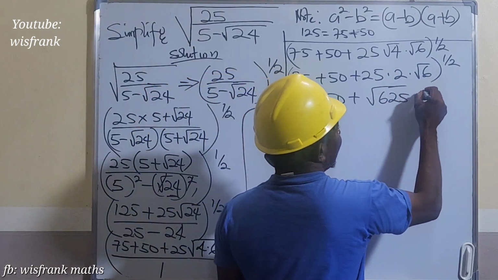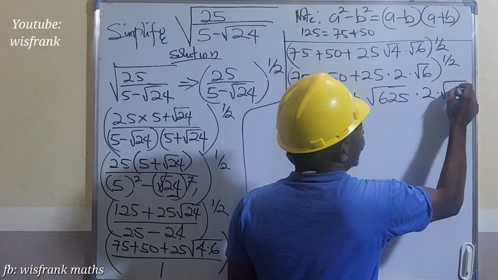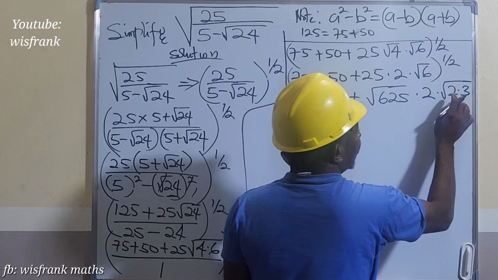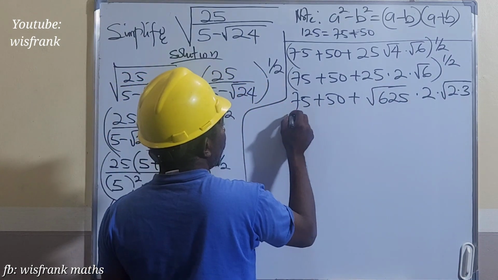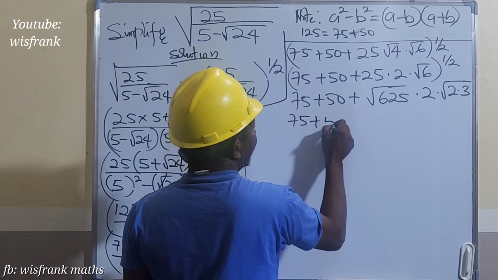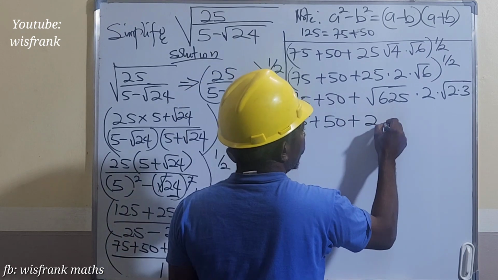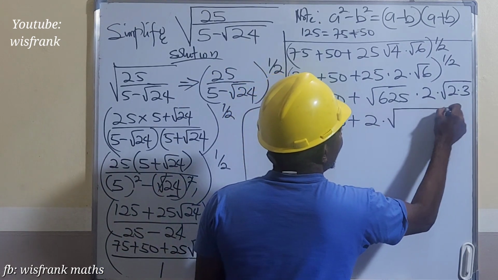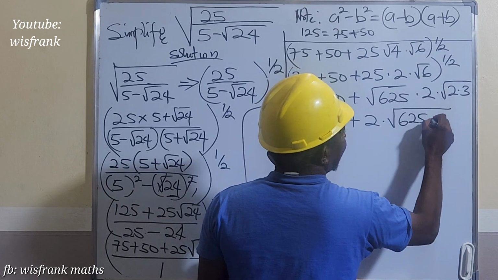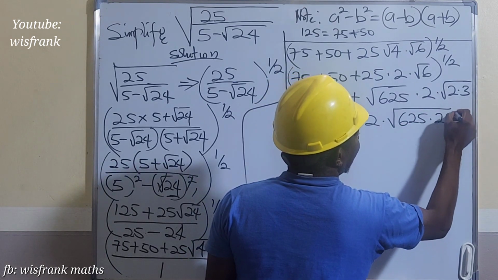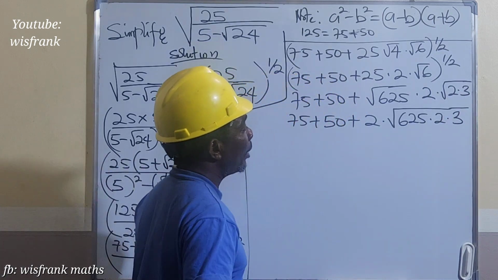Then we have times 2 times root 2 times 3. So this is what we have. Now we can rearrange this. This will give us 75 plus 50 plus 2 times root 625 times 2 times 3. So this is what we have now.